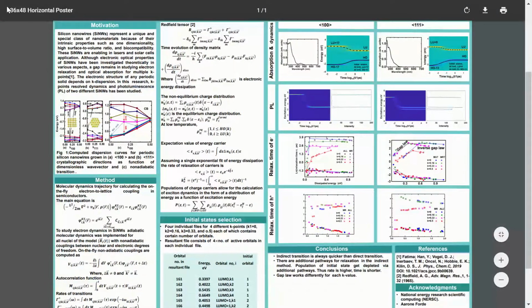For silicon 111, I think it's not done. The electron doesn't relax at the gamma point. Yeah, but for silicon 100, it is pretty flat. For silicon 111, it's somewhere.